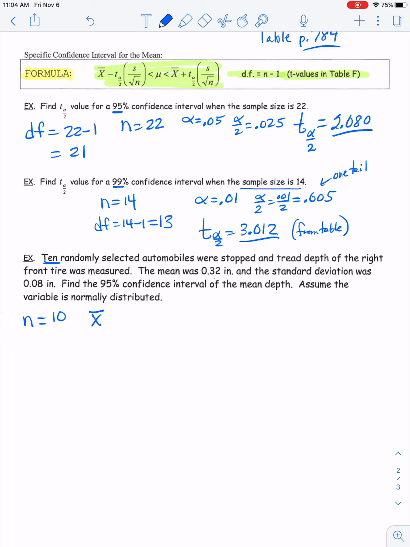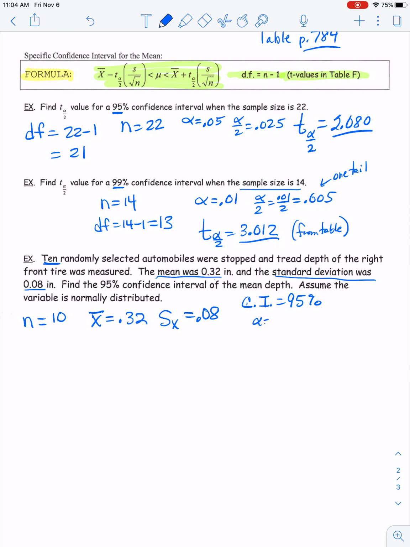The mean is 0.32. We have a standard deviation, 0.08. And we wish to have a confidence interval of 95%. So that tells you some stuff: alpha is 0.05 and alpha over 2 is 0.025.